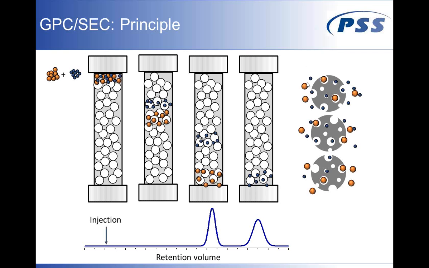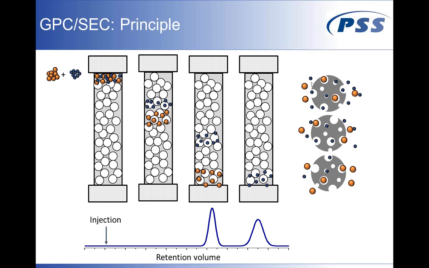And only those molecules, the small ones, which find enough pores, if the molecules are in the pores, they will stay there for a certain time before they come out and move forward. Since the small molecules have a larger amount of pores available because they can penetrate the large pores as well as the small ones, they lag behind, because the large polymers can only penetrate the large pores, otherwise they wouldn't fit in.